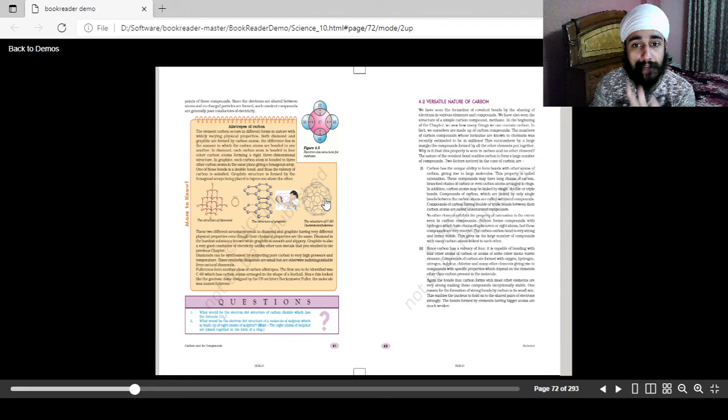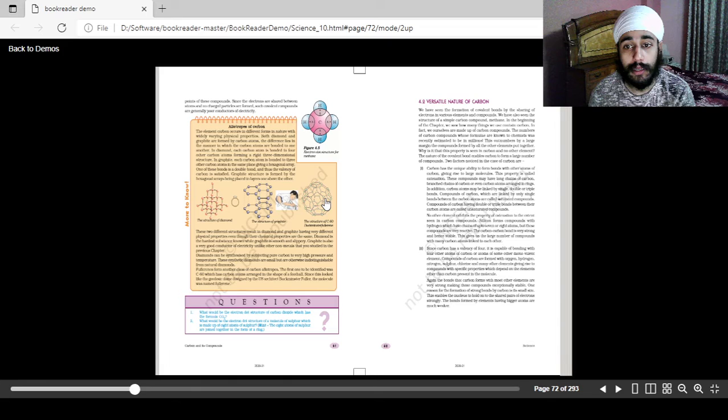So what is tetravalency? Tetravalency is the capability of linking with other atoms and forming compounds, right? As carbon has enough valency, it can share it by making bonds with other carbon atoms and with atoms of other monovalent elements.